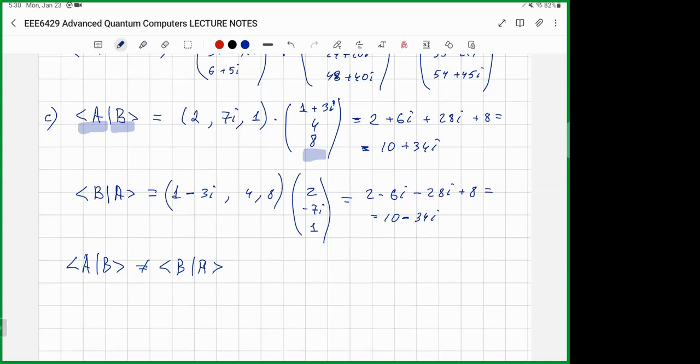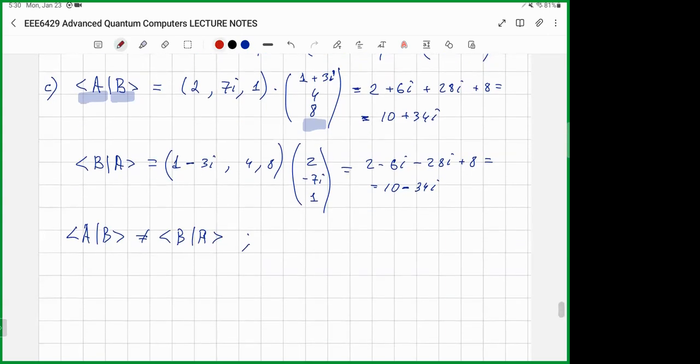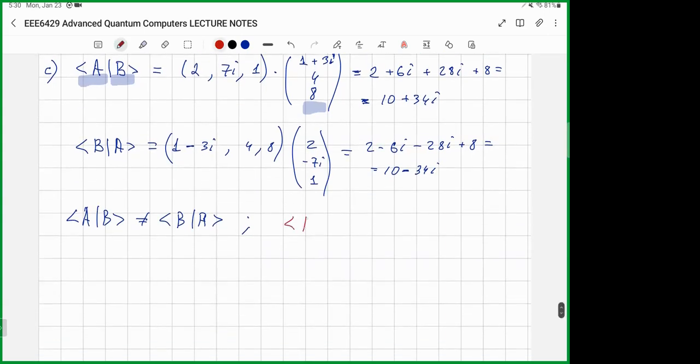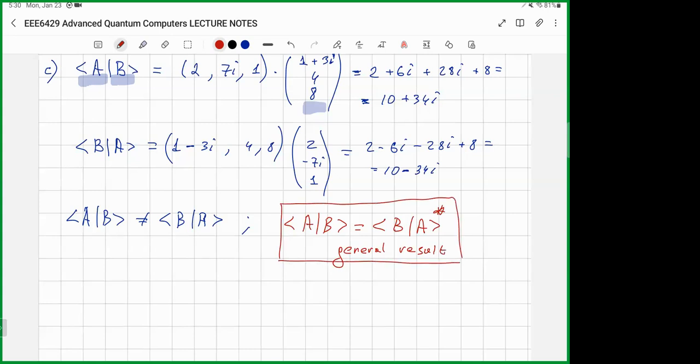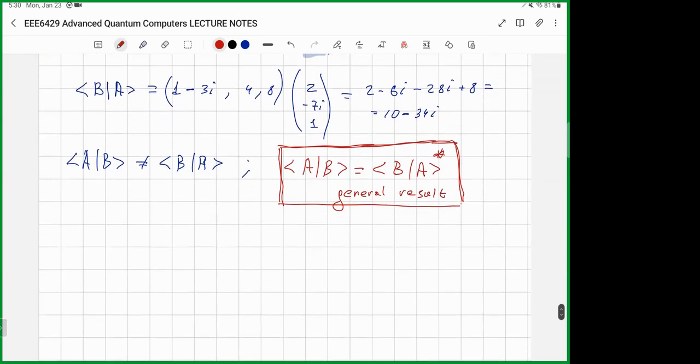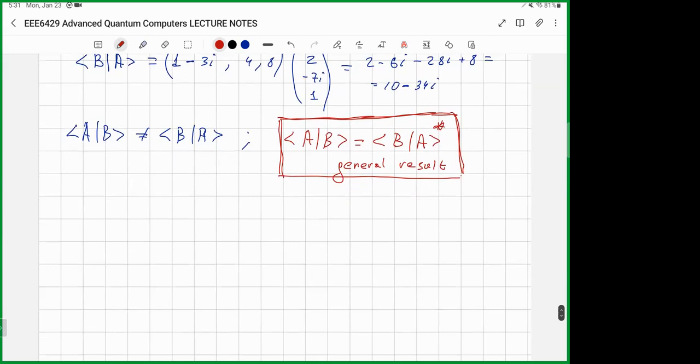In fact, the product AB is equal to BA complex conjugated, and this is a general result. So basically, for the inner product of two vectors, if you exchange the vectors, the result is complex conjugated.